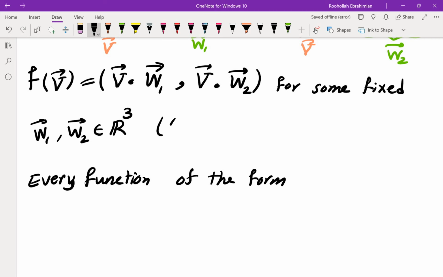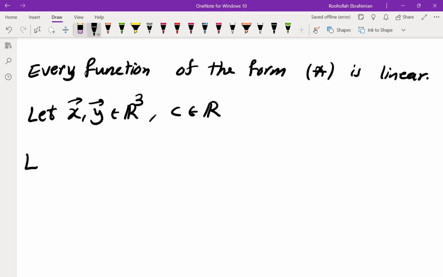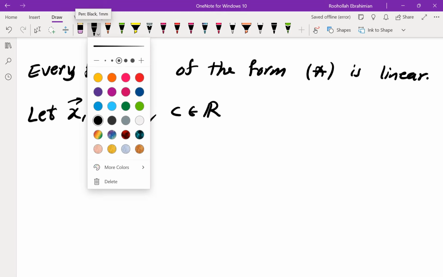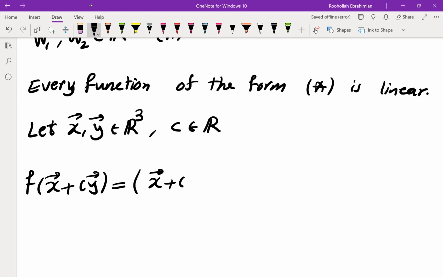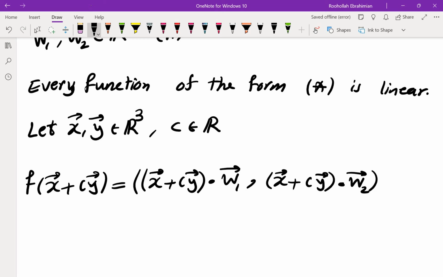And I believe I called it f, so I'm going to keep calling it f. So I'm going to evaluate f of x plus cy, using part B of the theorem. By definition it's x plus cy dotted with w1, comma, x plus cy dotted with w2.